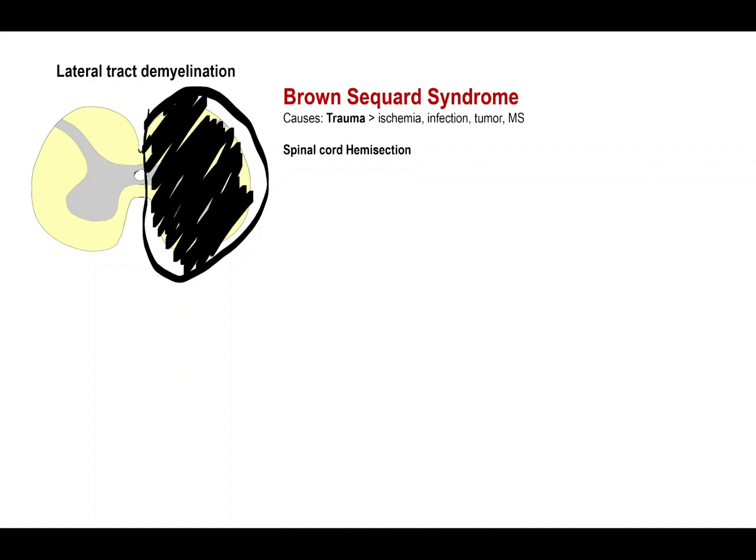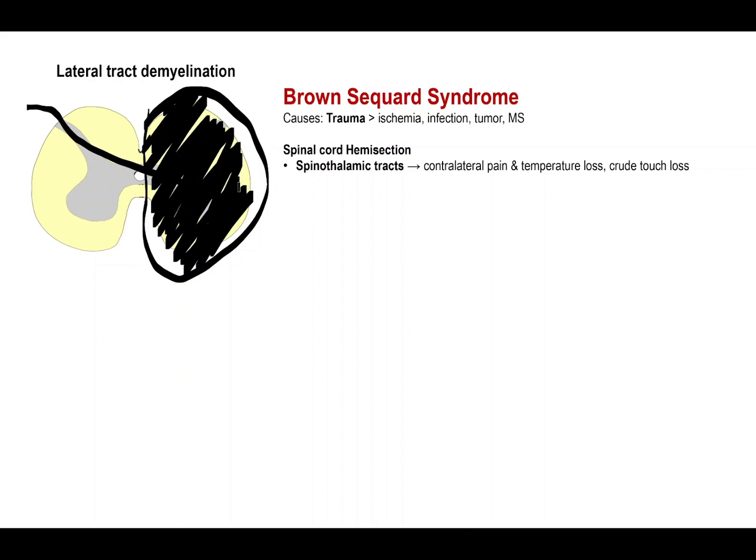What do you expect? Well, in this case, everything is affected. All three tracts: the dorsal column is affected, the spinothalamic tract is affected, and the coracospinal tract is affected. If the spinothalamic tract is affected, remember the fibers for the spinothalamic tract enter right here and cross to the opposite side, right?